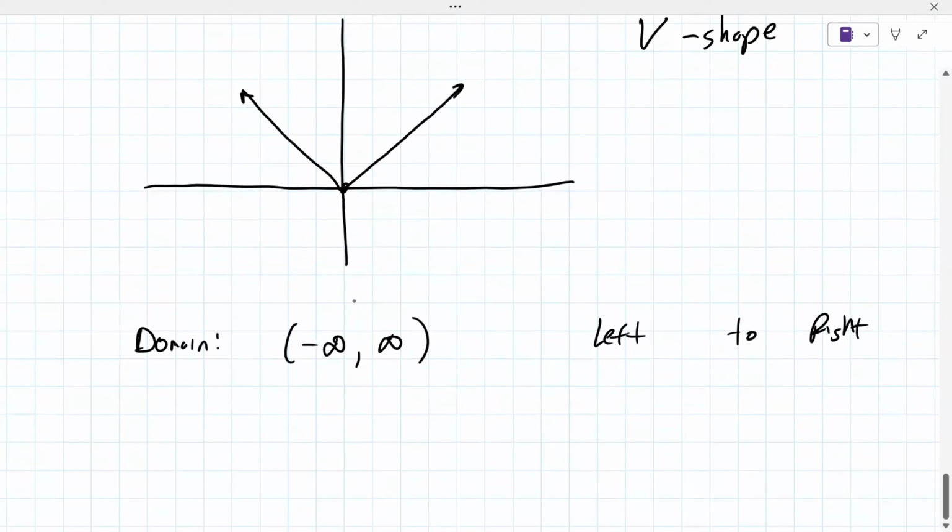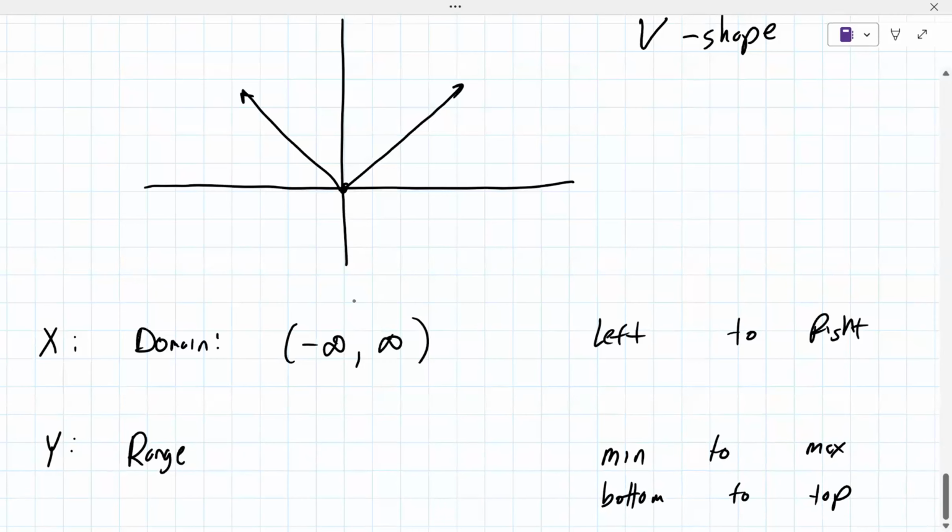Now the range. The domain is the X values, the range is the Y values. You can think of the range as the min to the max, or the bottom to the top. So it's the Y values though.